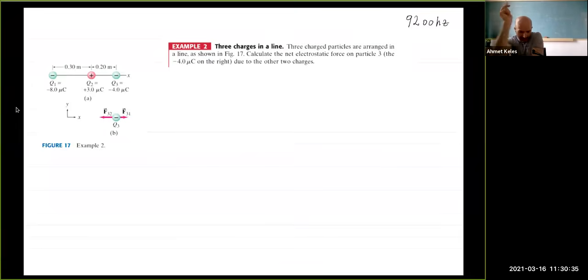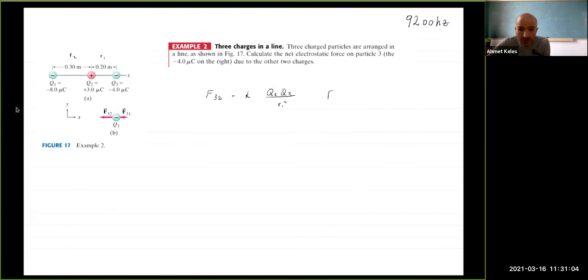So let's do this. Let me try. Force on 3 by 2 is equal to K Q2 Q3 over, let's call this R1, let's call this R2, and the distance is R1 squared.